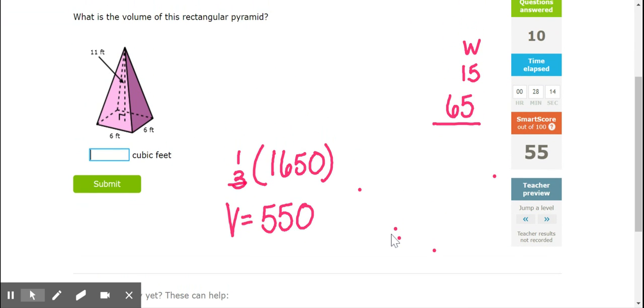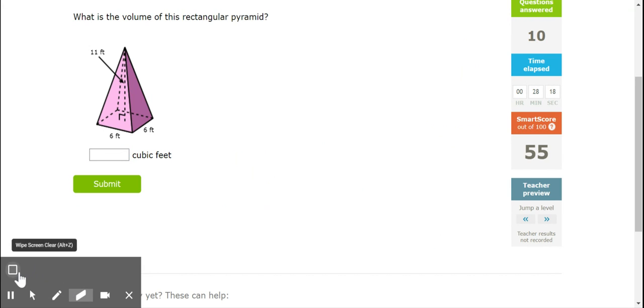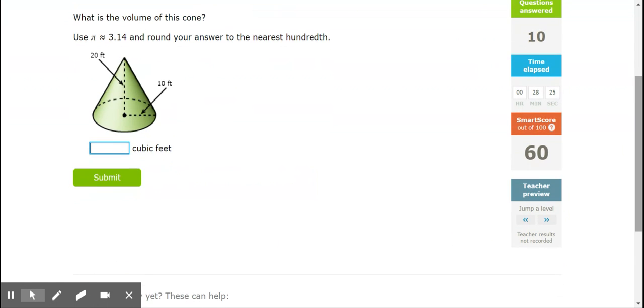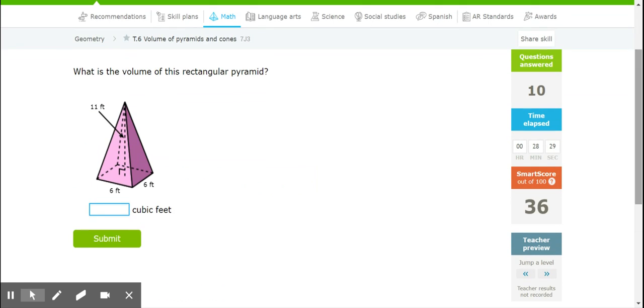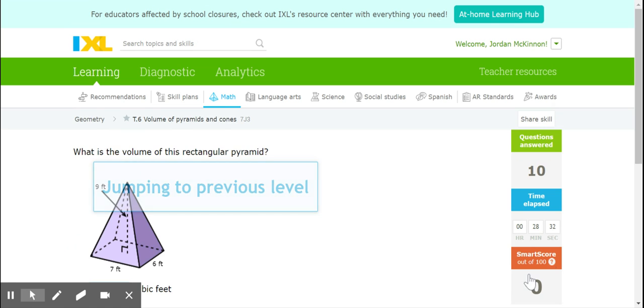Looks like I'm going to get all the way to 60 by just doing pyramids. So instead of doing this one, I'm going to see if I can find us a cone to do. There's a cone, but let's go back and see if it'll give me a different cone.